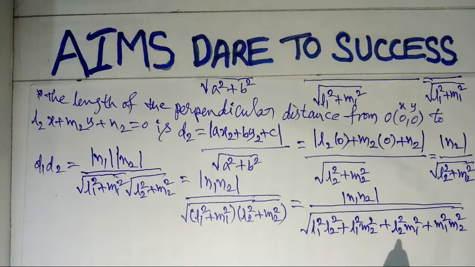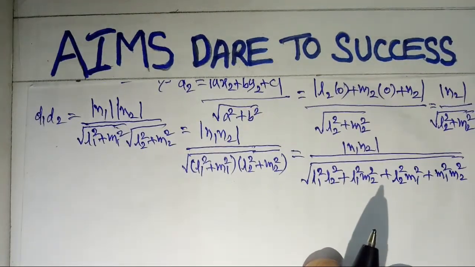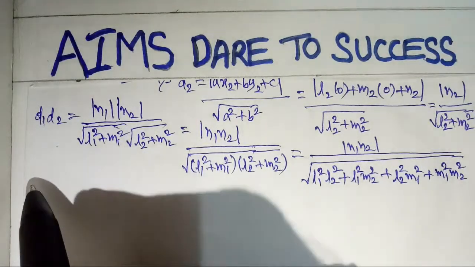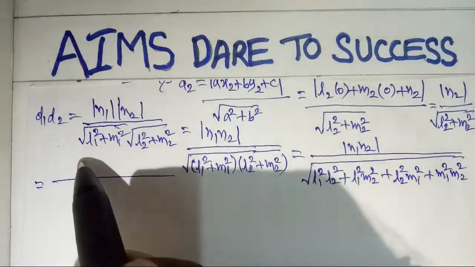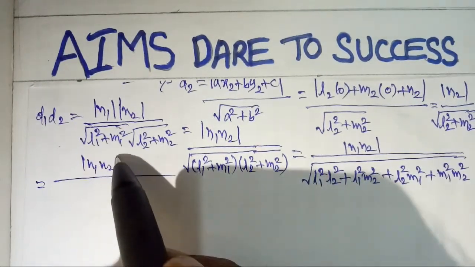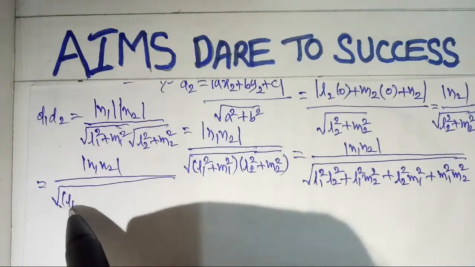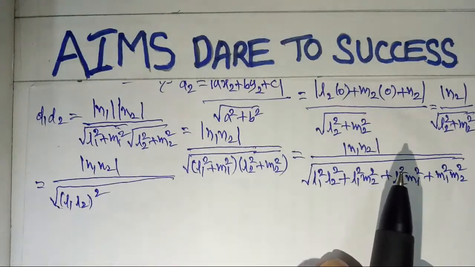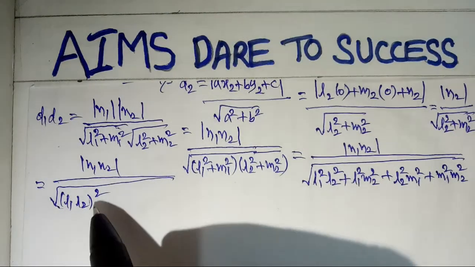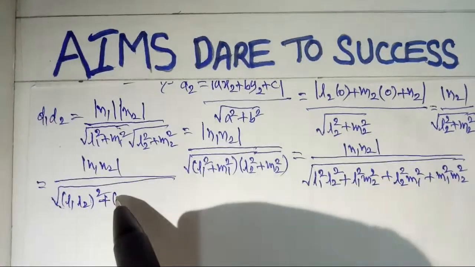Okay, so next, individually both have powers of square. So while you are having like this, you can write mod n1 n2 divided by root over L1 square L2 square is L1 L2 whole square. Okay, please write the last value first.